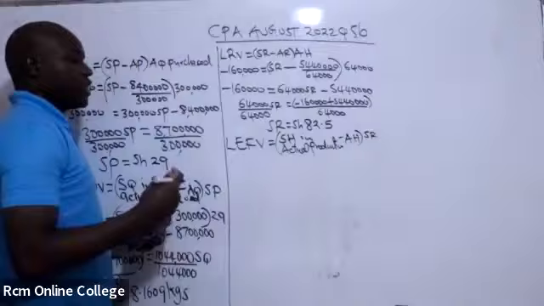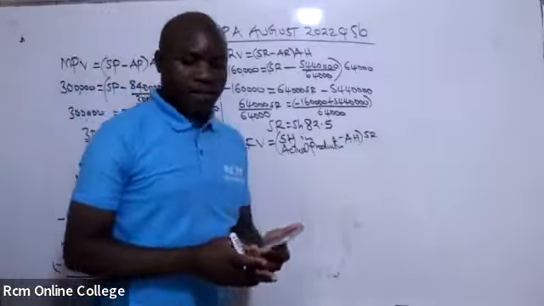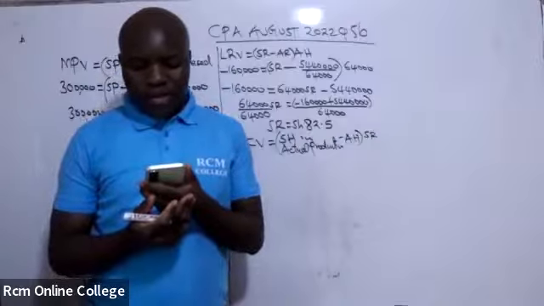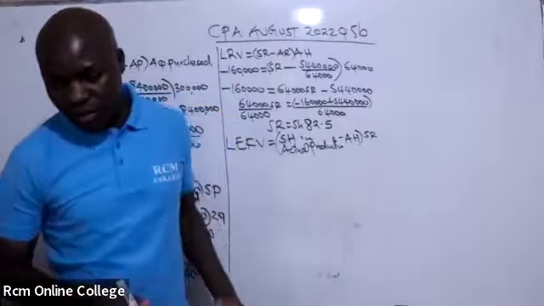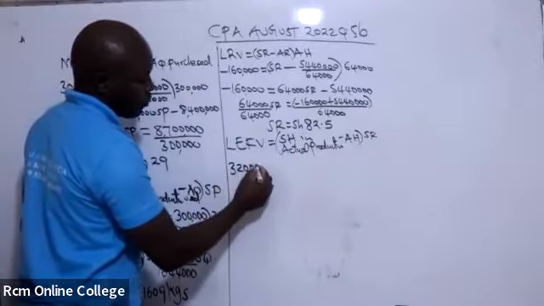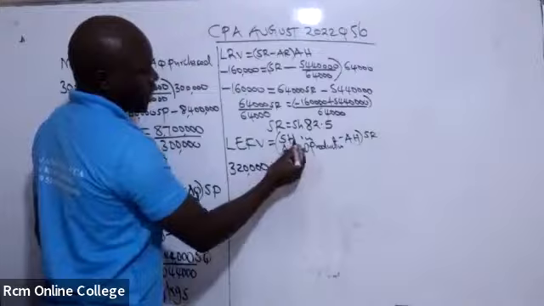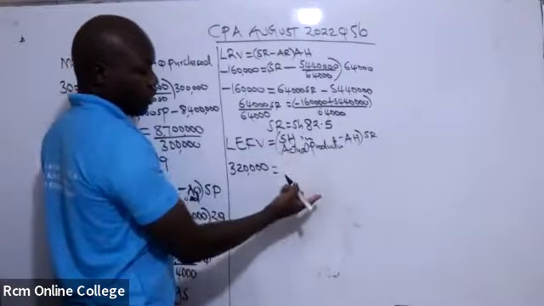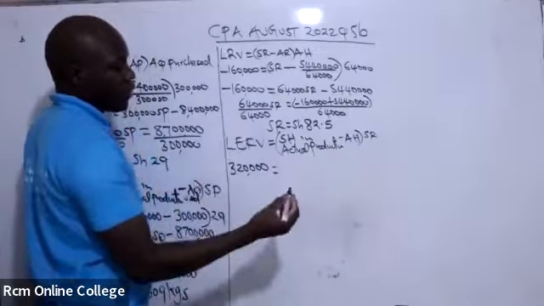Do we have the labor efficiency variance given to us? Yes. The labor efficiency variance is 320,000 favorable, a positive of 320,000. It is equal to standard hours, which we do not have, for actual production, which is 36,000 units.